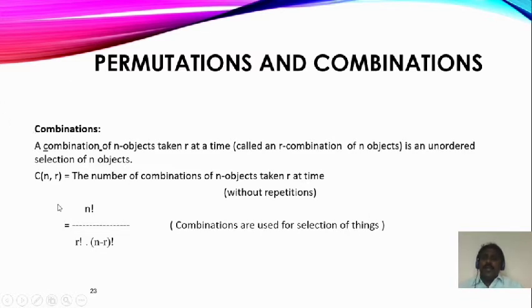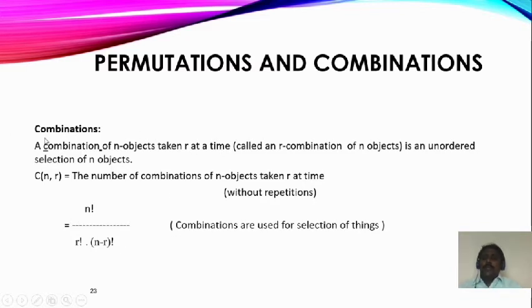So the formula is nCr equal to n factorial by (n minus r) factorial into r factorial. We have to keep in mind that the formula for combination is nCr equal to n factorial by (n minus r) factorial into r factorial.